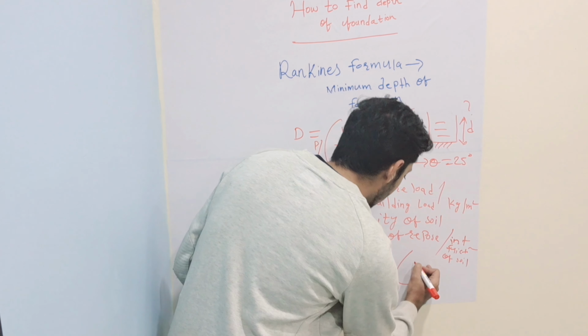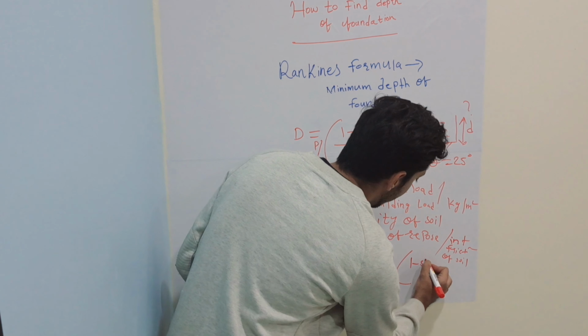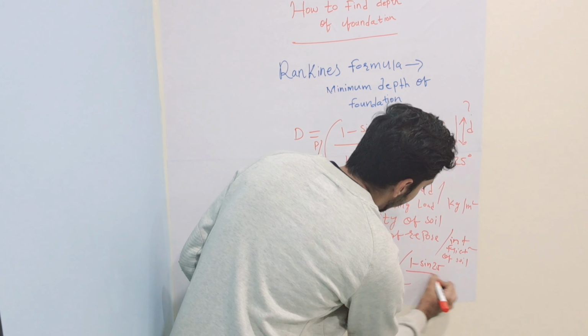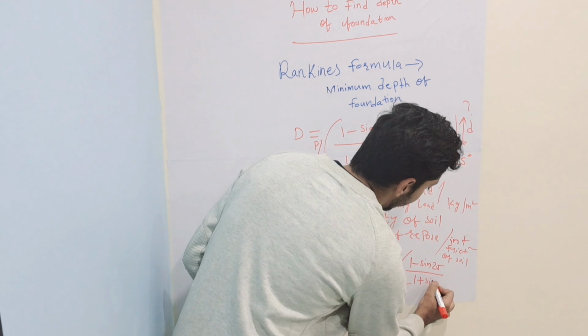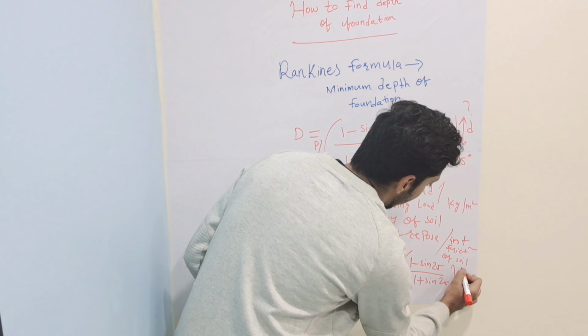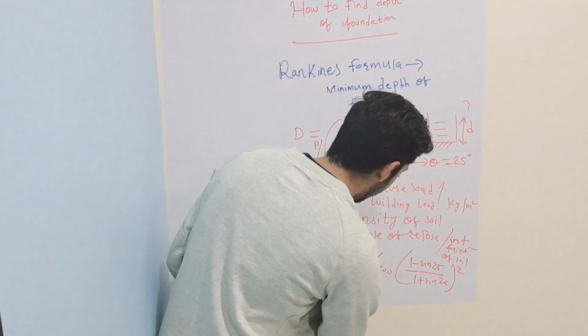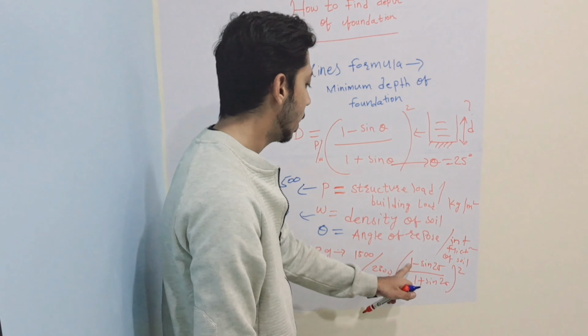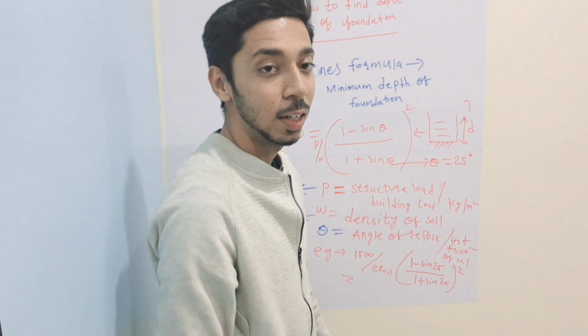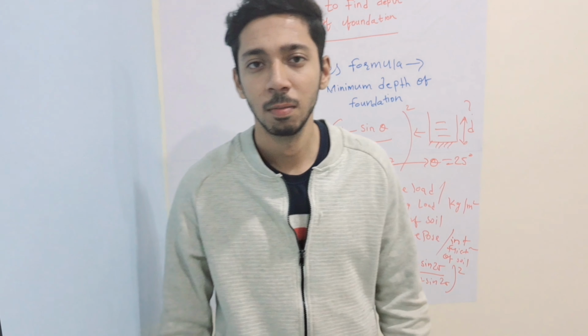So 1 minus sin 25 divided by 1 plus sin 25, whole square. Like this, you solve with Rankine's formula to find the depth of the foundation.